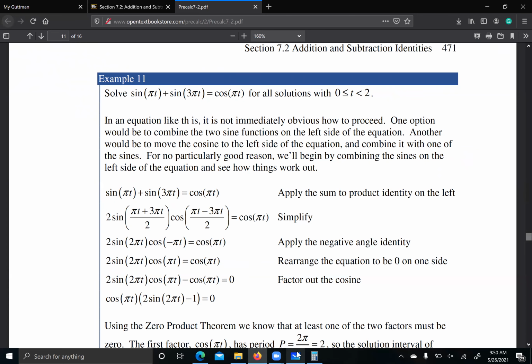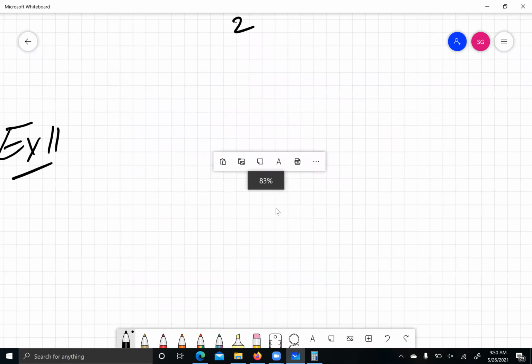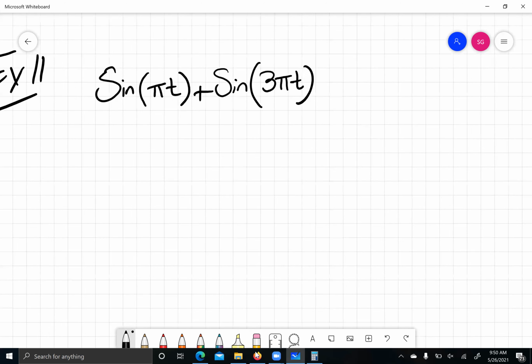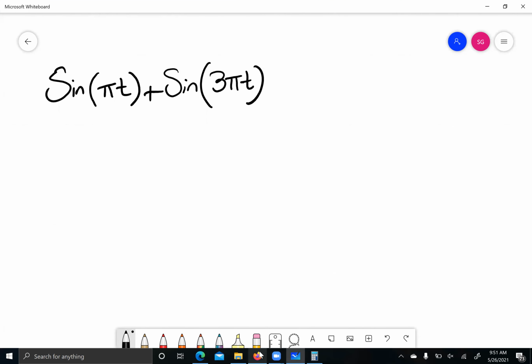So this is example 11: sine of pi t plus sine of 3 pi t, that is sine of pi t plus sine of 3 pi t, equals cosine of pi t. Okay, so that's the equation.